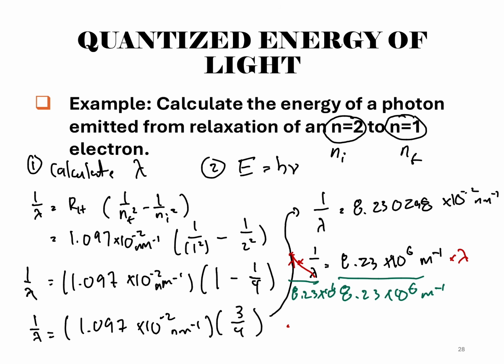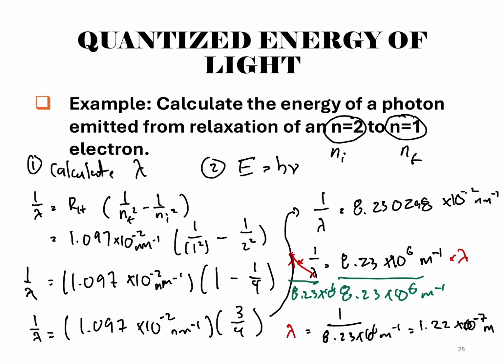And so now lambda is equal to 1 over this number, in inverse meters. And so now we can plug this into our calculator, and that'll give us the wavelength. And so this gives us a value of 1.22 times 10 to the minus 7 meters, right?